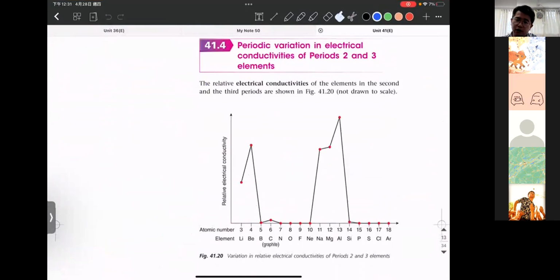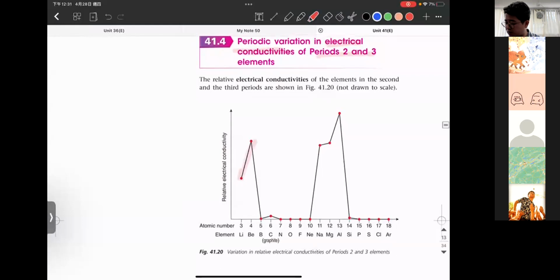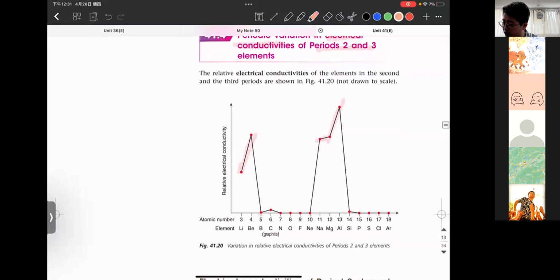Here comes two more on getting to know the periodic variation in the electrical conductivity. Take a look at the electrical conductivity of period 2 and period 3 elements. Most of the time, you see it as metal. Now, please circle all those as metal. Just highlight that 3, they are metal. We have got one where it is a semi-metal here, small.